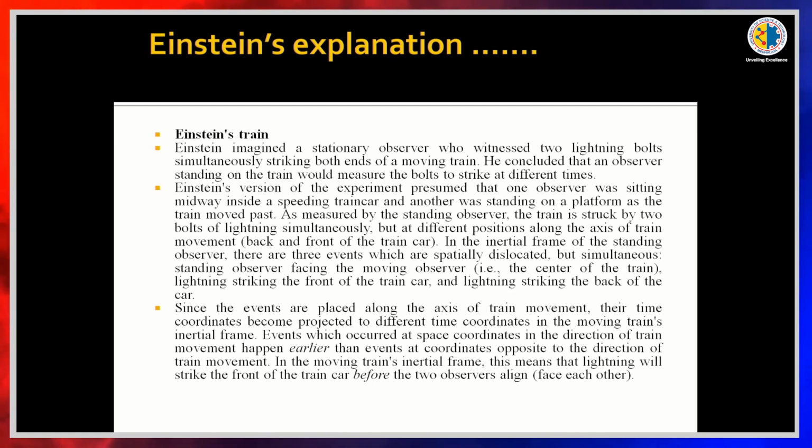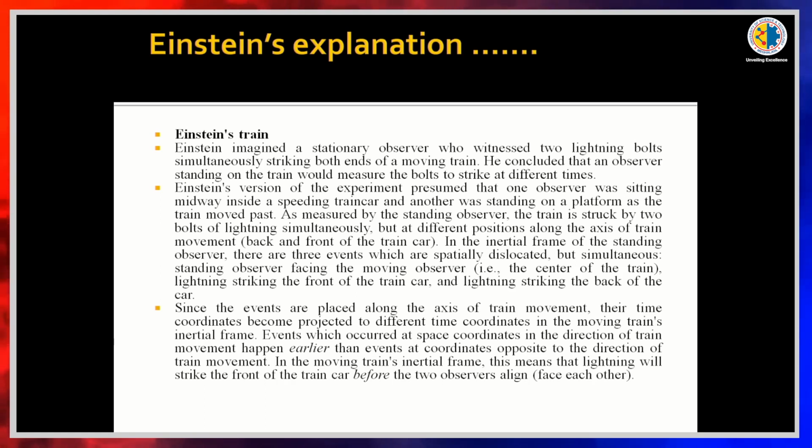As measured by the standing observer, the train is struck by two bolts of lightning simultaneously, but at different positions along the axis of train movement, the back and front of the train car. In the inertial frame of the standing observer, there are two events which are spatially separated but simultaneous.